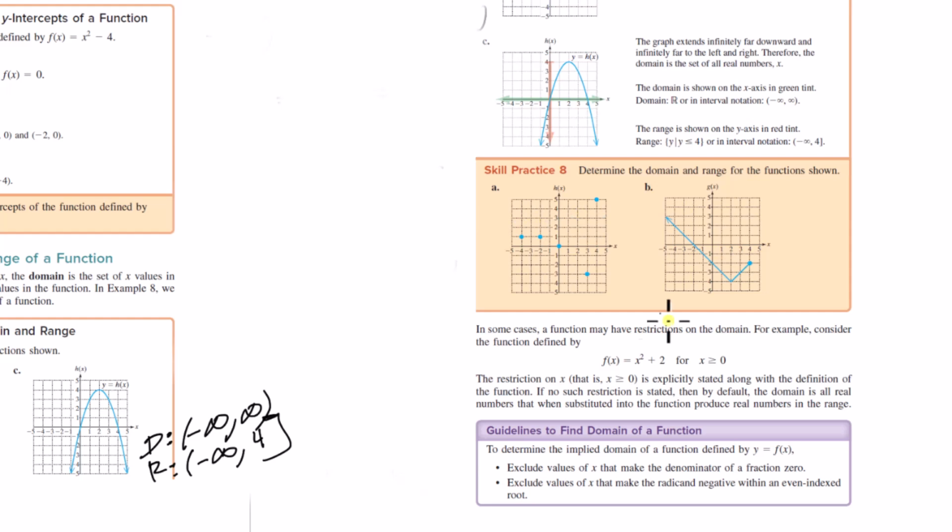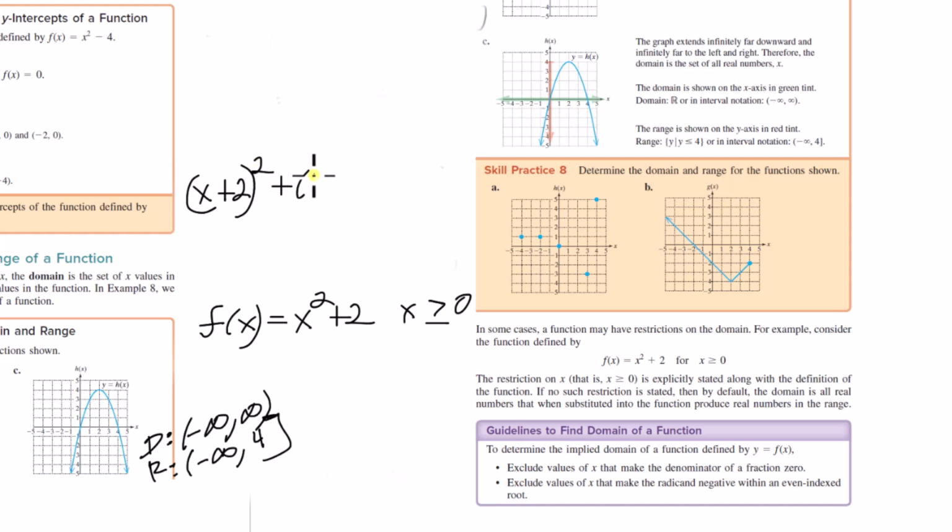Here they give an example of a function, but you could do the same process with a relation if you wanted to. You have the function x squared plus 2, but it's stated that there's a restriction. This is just for x is greater than or equal to 0. But you could also have the equation of a circle. That's not a function.